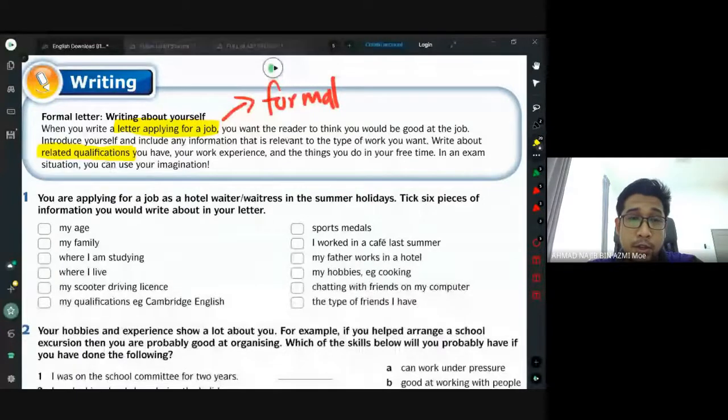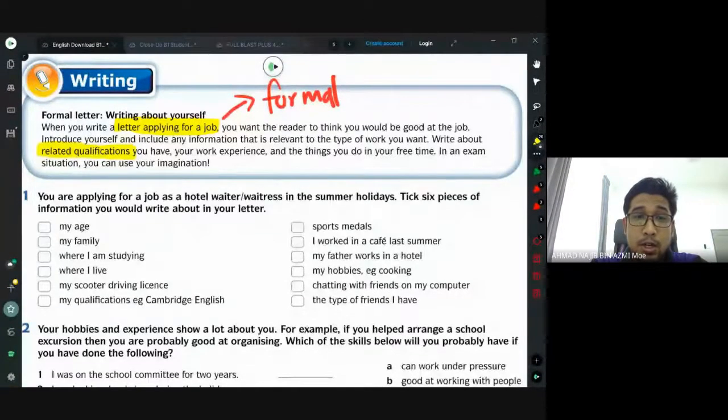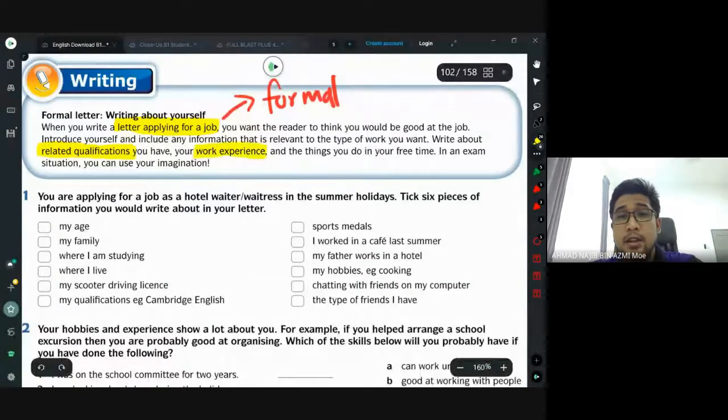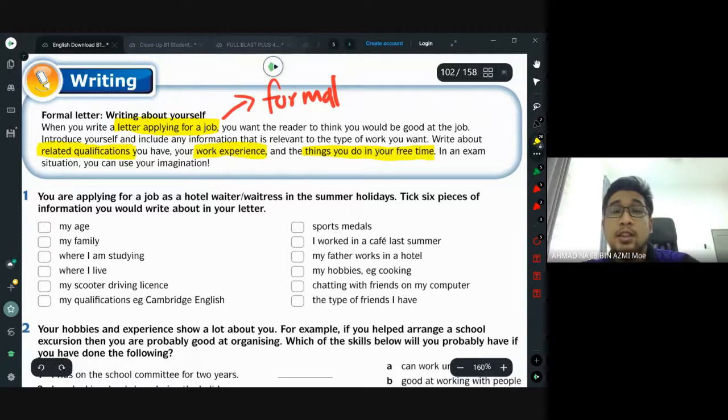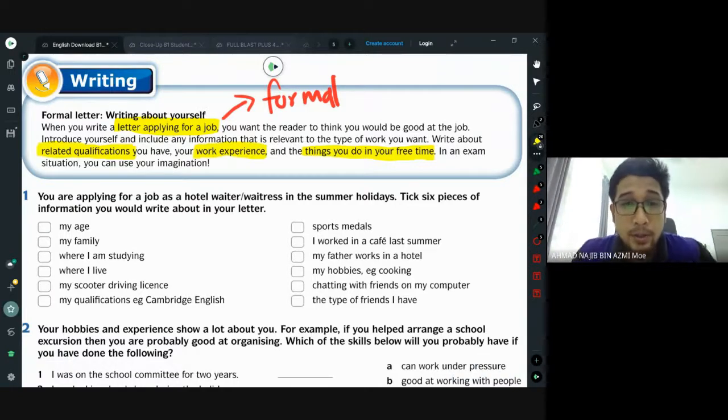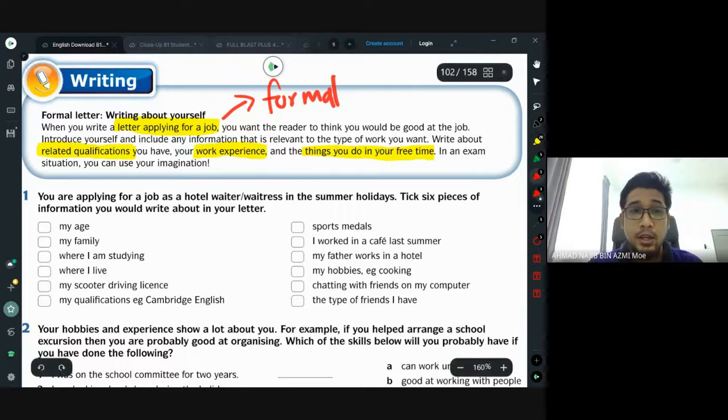So qualifications, your work experience, pengalaman kerja, and the things you do in your free time. So these are basically your hobby. So 3 things that you need to write about in a letter applying for a job. Number 1, qualification. Number 2 is work experience and your hobby. So 3 benda ni you have to include.